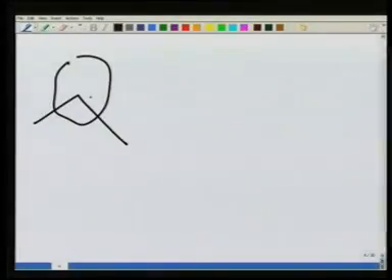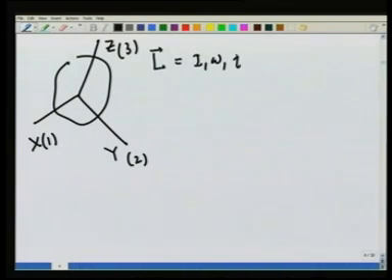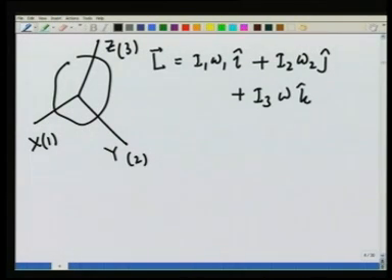But this is quite a simplification, that for a given body, suppose these are the principal axes x, y, z, then the angular momentum is going to be given as I_1 omega_1 in the 1 direction, plus I_2 omega_2 in the y direction, plus I_3 omega_3 in the k direction. This is diagonal.